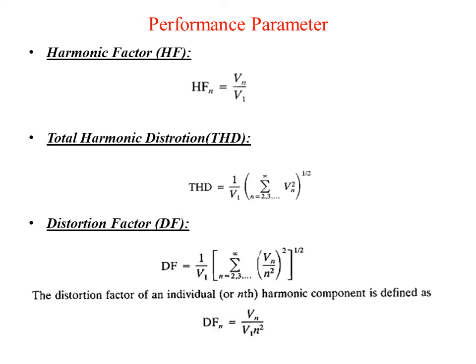The distortion factor of an individual nth harmonic component is defined as DFn is equal to Vn divided by V1 into n square. So these are the important parameters related to inverters.